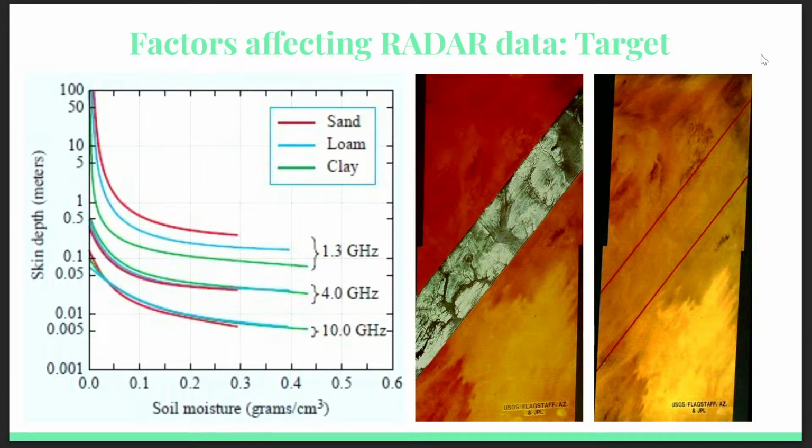Now see this example here. What you see over here, this patch is where the radar image is able to look into the depths of the soil.